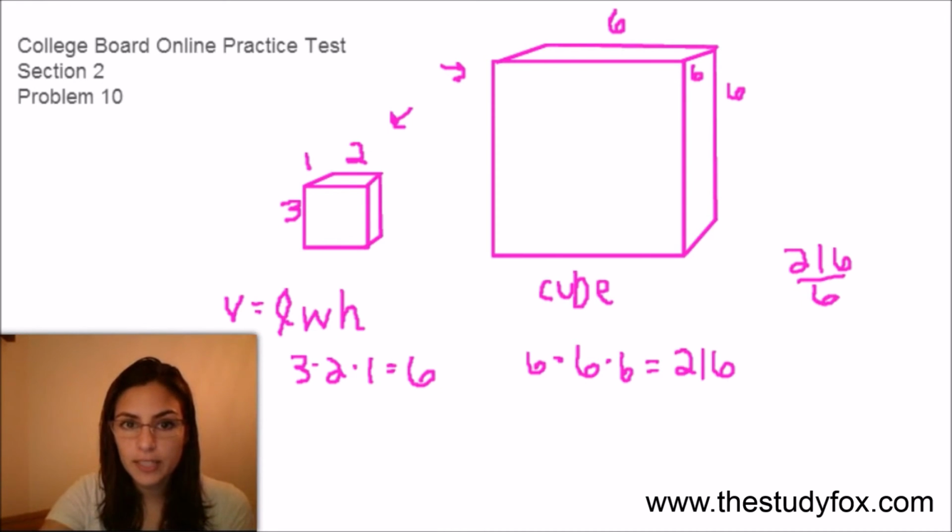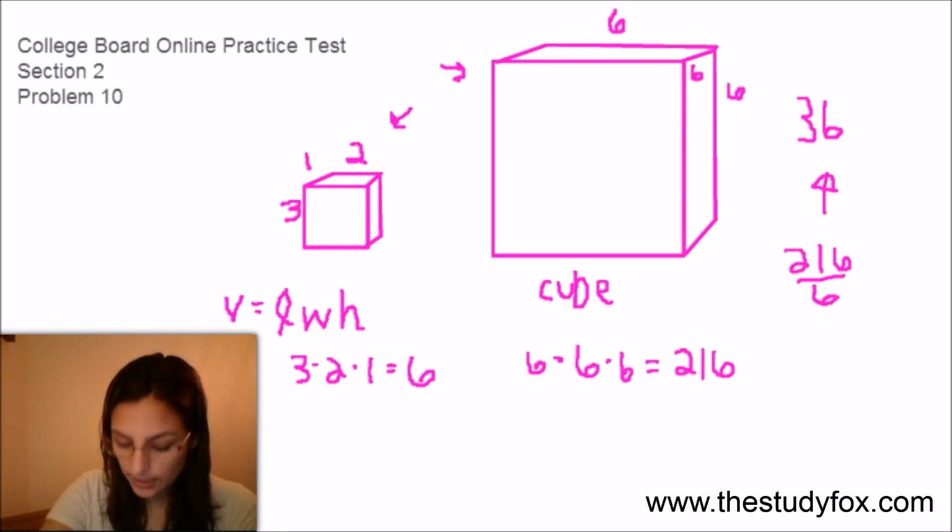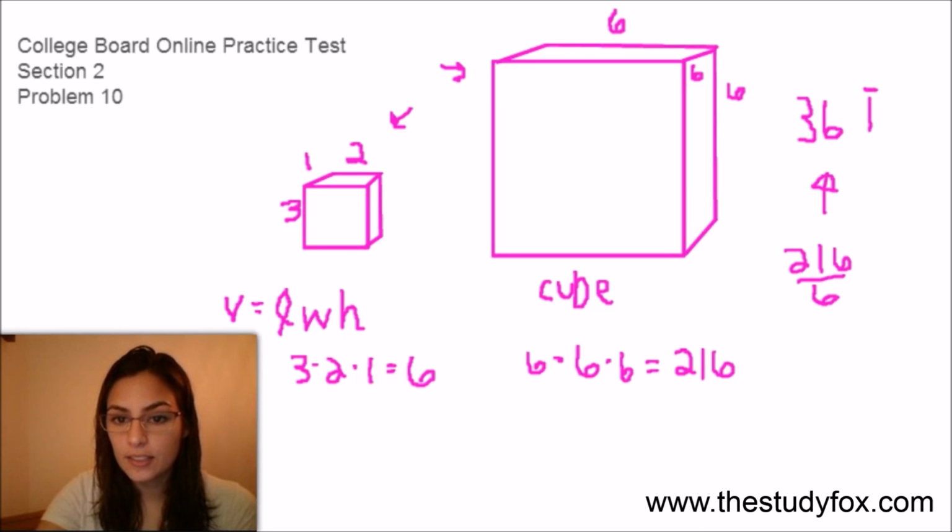That's representing how many times the little box can go into the big box. So that gives you 36. We can fit exactly 36 of the small boxes into the large box. And if we look at our answer choices, we see that that's answer choice D. And that's the right answer.